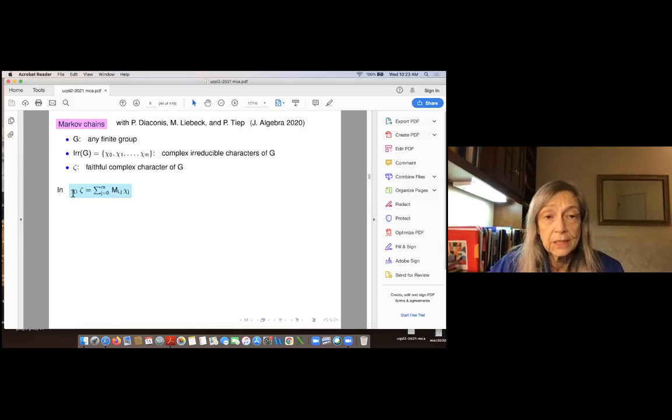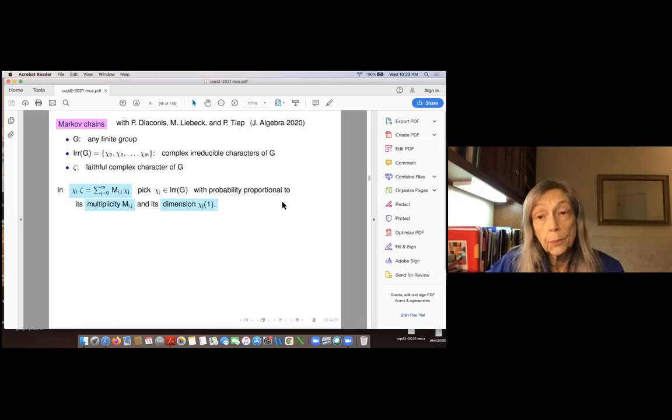So this is really just taking the tensor product of the two representations for which these are the characters. And what we're going to do is pick a χ_j from the right-hand side with probability proportional to its multiplicity, the m_ij, and its dimension.